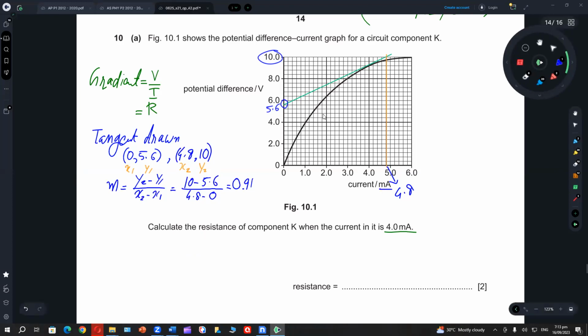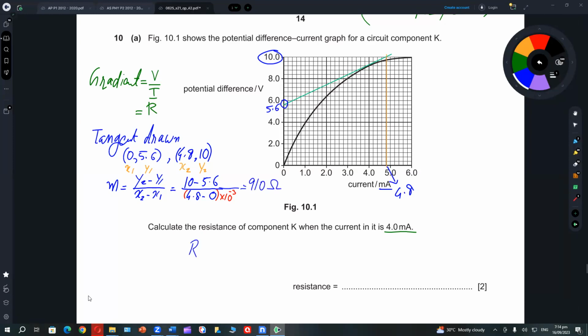So let's convert the denominator into ampere. I have converted milliampere to ampere.